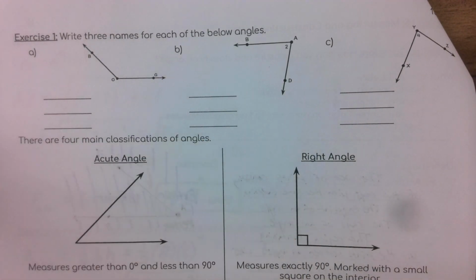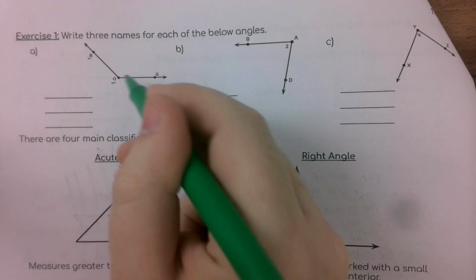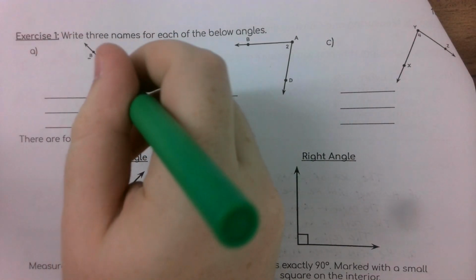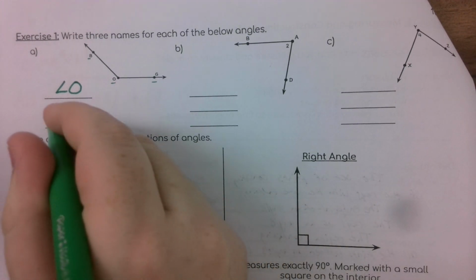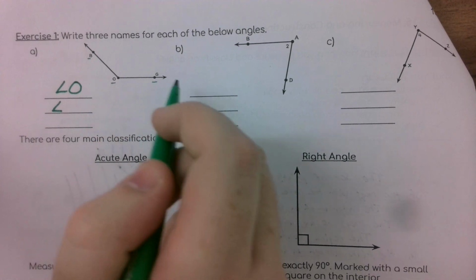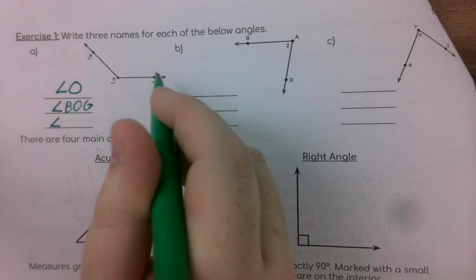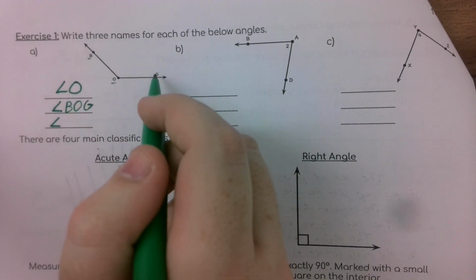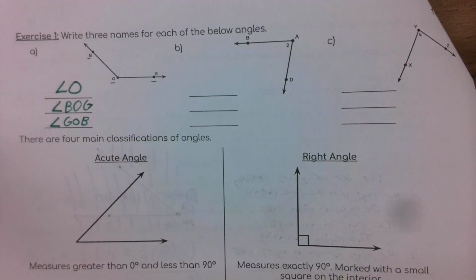So looking at this first angle here, the angle for part A, I notice that it's given 3 letters, B, O, and G. So the first way we can name it is just based off of the vertex, angle O. The second one is to go in order with our letters one direction, so B, then O, then G. And then finally, we could also go backwards. Instead of going BOG, we can go GOB, G-O-B. And there we go. Pause the video and see if you can get parts B and C.